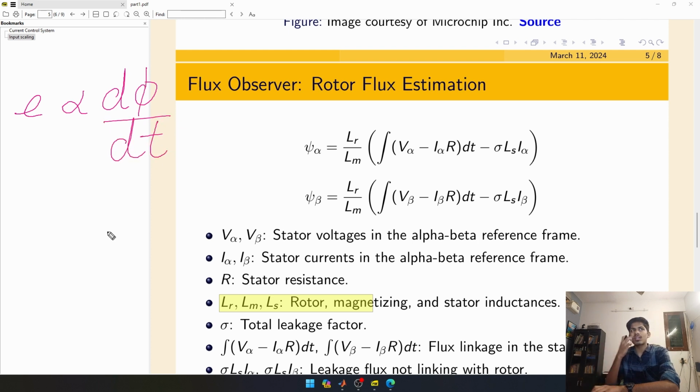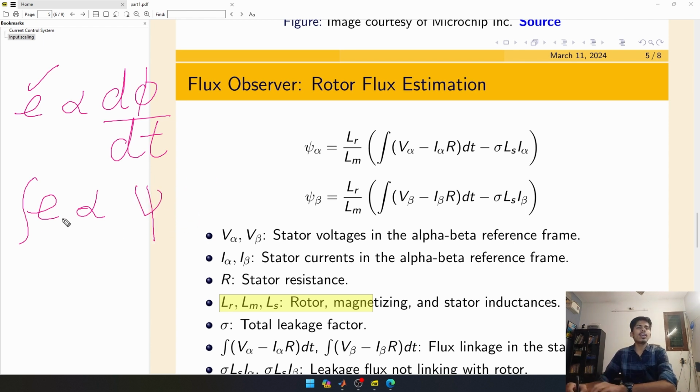So if we want to get the flux, and we know the EMF, we integrate on both sides. The integral of E is proportional to the integral of d phi by dt with respect to time, which gives phi, the flux. Here they are using the symbol psi.